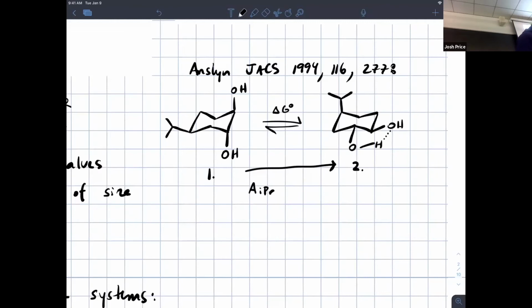That happens to be, in this case, I don't know, 2.2 kcals per mole. Then you have to deal with the relief of getting 2 OH groups equatorial when they used to be axial. And then Anslyn reasoned there should be a final contributor, and that would be the free energy associated with forming a hydrogen bond.